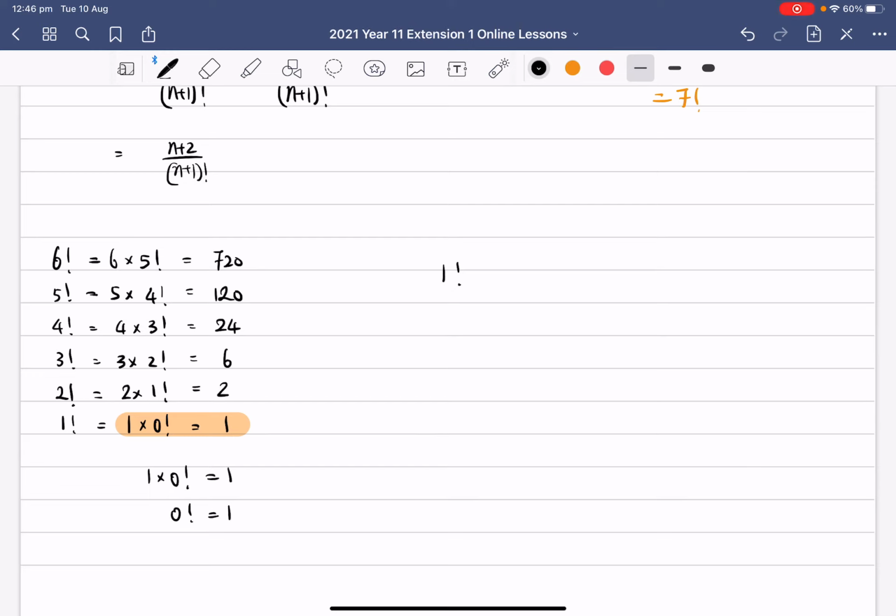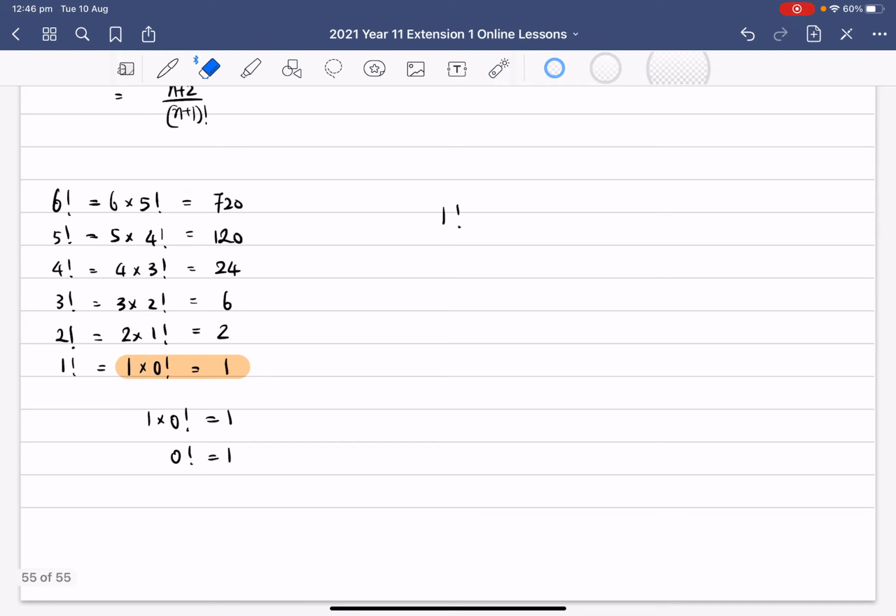So we need to understand that 0 factorial is defined to be 1, okay? The reason for that is, as you can see, the empty product is regarded as being 1, because if nothing has yet been multiplied, then the register remains at 1, okay? This is the idea.